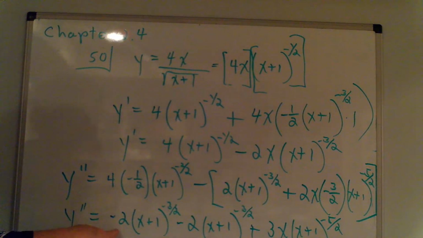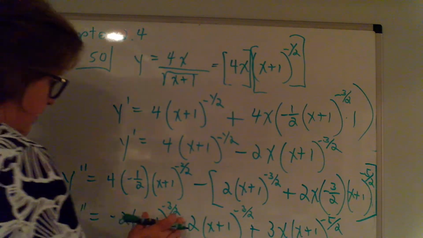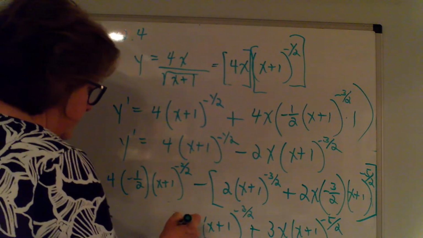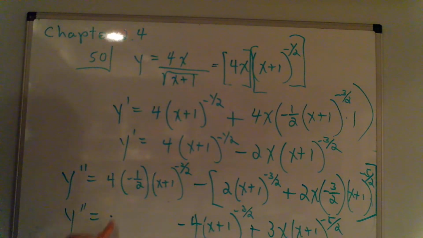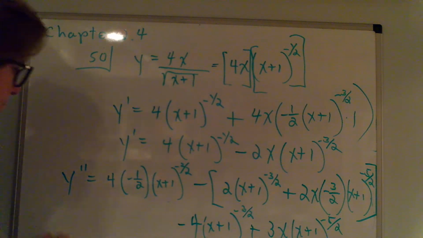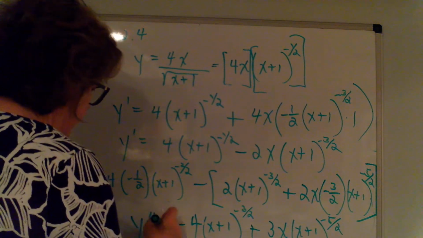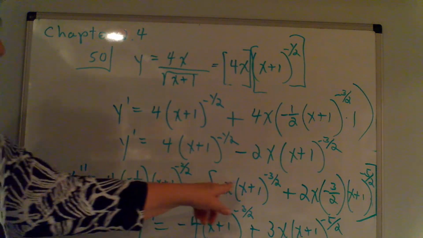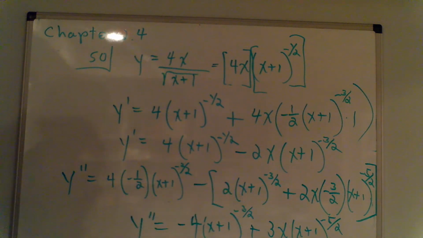So wait a minute, we have minus 2 of these, minus 2 another of these, so we actually have minus 4 of them. So we could clean it up. We had minus 2 of them here, minus 2 of them here, that would be minus 4.